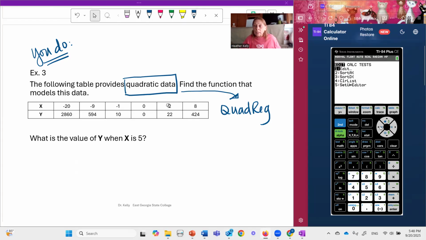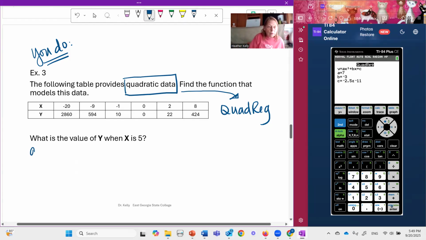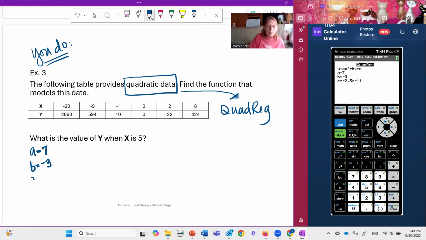Hopefully you've already done this at this point. This is a quad reg, so let's get down to it. We have A is equal to 7, B is equal to -3, and C is equal to this crazy weird number that you better not give me.